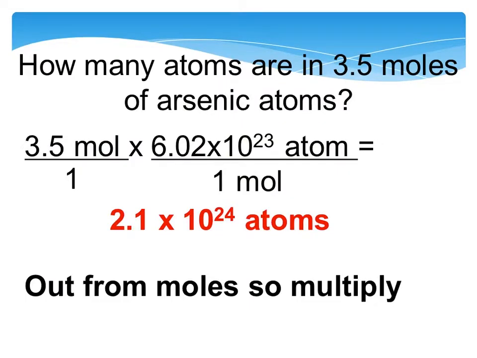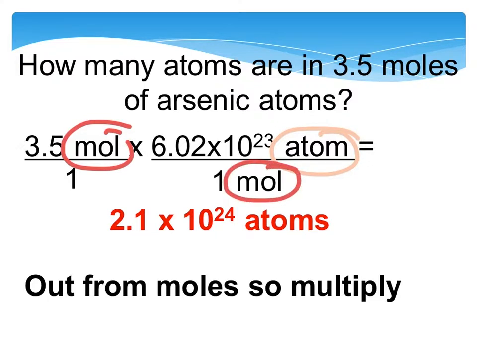And then when going the opposite way out, we're going to multiply by the appropriate conversion factor. In this example, we're going from moles to atoms. So we've set up our equation where we start with moles and we want to end up with atoms. Again, we have to match units. We take 3.5 moles.